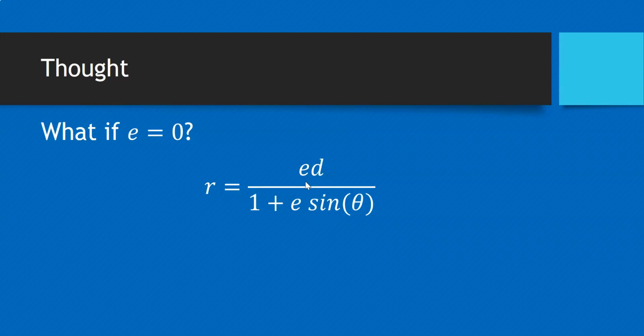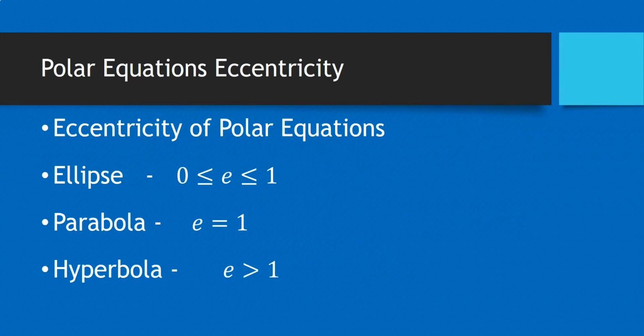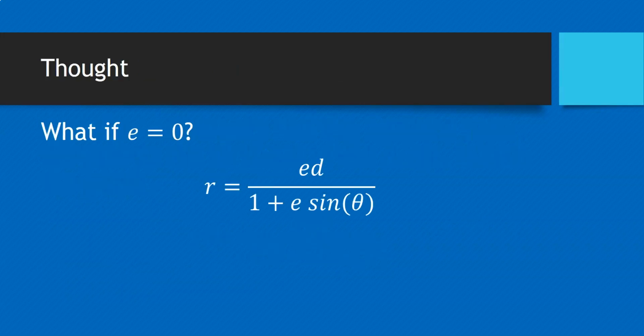So that's why in the very beginning, I didn't deal with the circle at all in this format, because if we have the circle where the eccentricity is exactly equal to 0, then these equations don't make any sense. It's just r equals 0, which is just the point at the pole or the origin, however you'd like to say that.